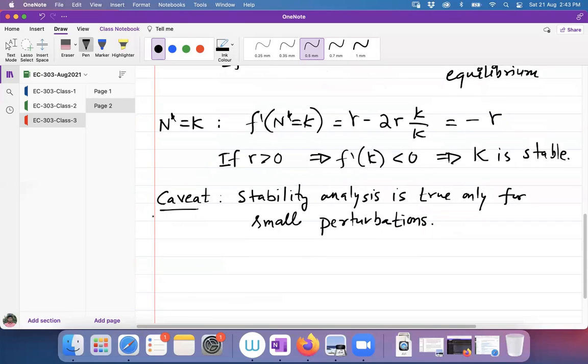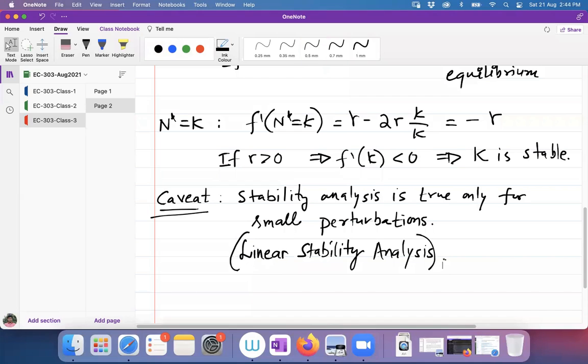Okay, that's the caveat. And therefore, the stability analysis is also called linear stability analysis, because when we derive the condition for stability, we considered only the linear term in the Taylor series expansion.